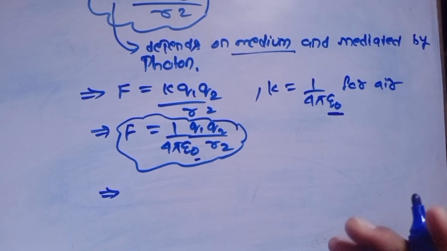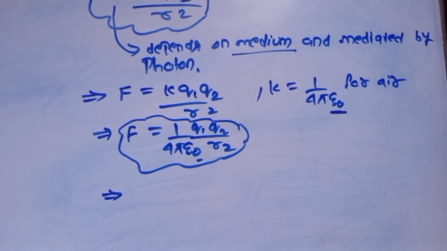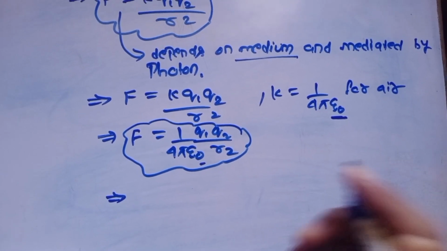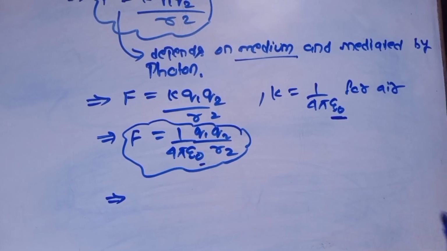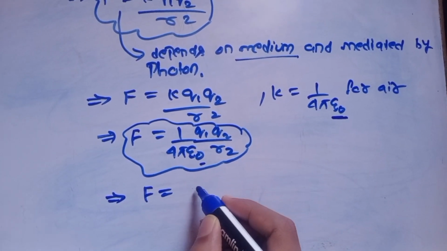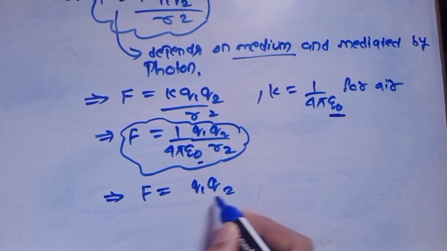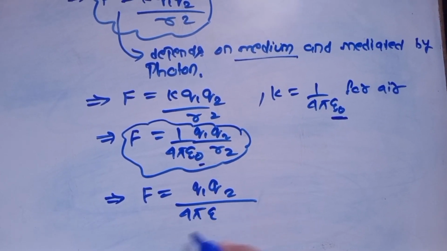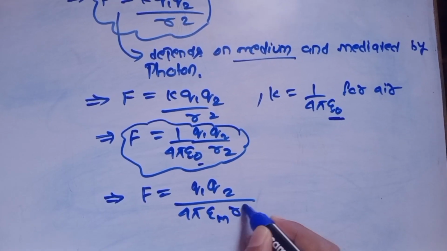Now, when two charged particles are taken in any medium, how can we calculate the force between them? We can calculate it by this formula: F equals Q1 Q2 divided by 4 pi epsilon m r square.